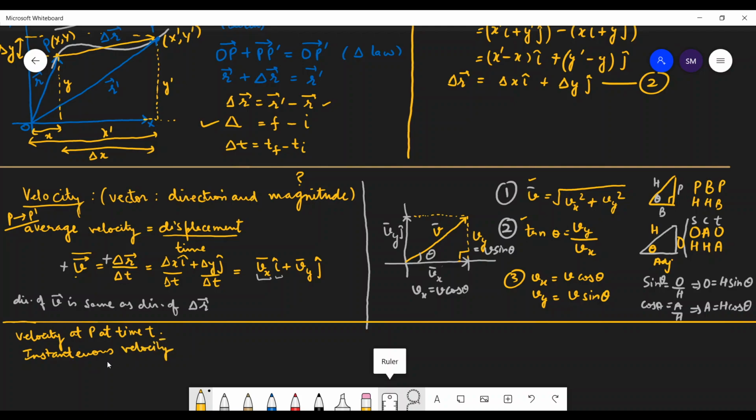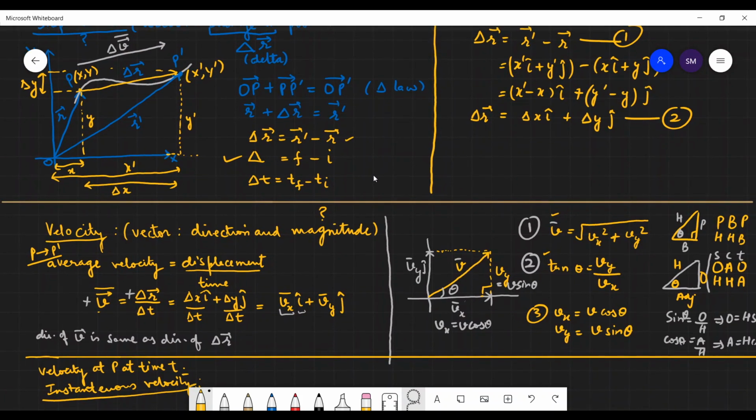Instantaneous velocity is again a vector, and it definitely will have direction and magnitude. So what's the direction of the instantaneous velocity?